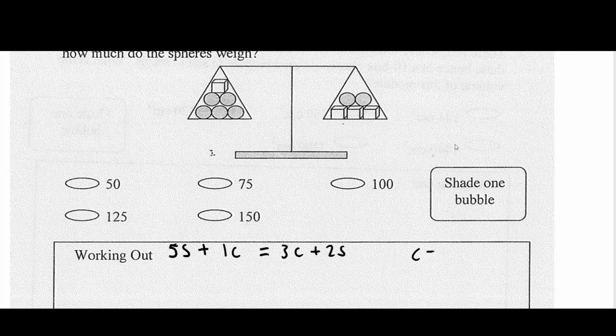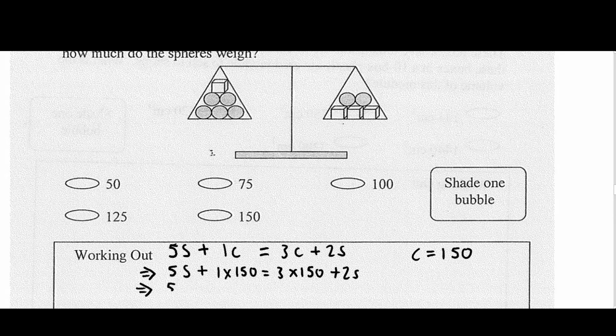All right, and we're told that cubes weigh 150 grams each. So cubes are equal to 150. So then 5 spheres plus 1 times 150 is equal to 3 times 150 plus 2 spheres. 5 spheres plus 150 is equal to 3 times 150.